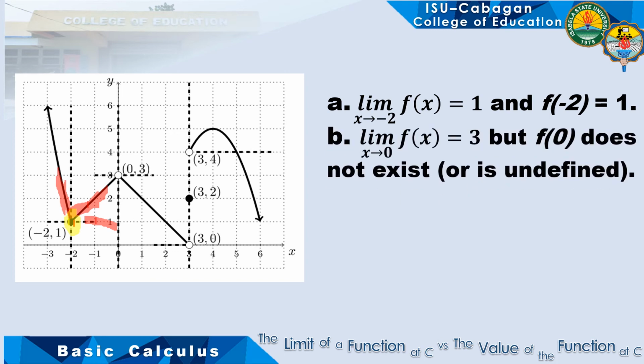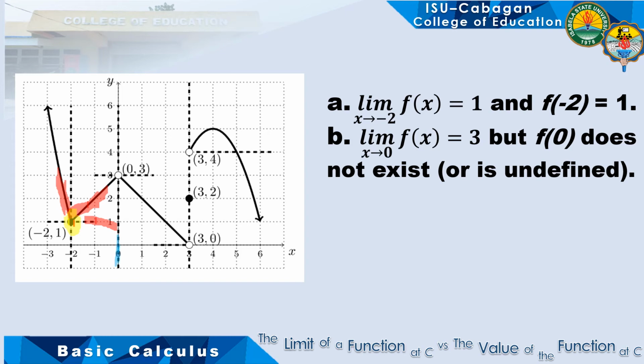Next, the limit of f of x as x approaches 0 equals 3, but f of 0 does not exist or is undefined. Now, hanapin natin si 0. So, ito si 0.